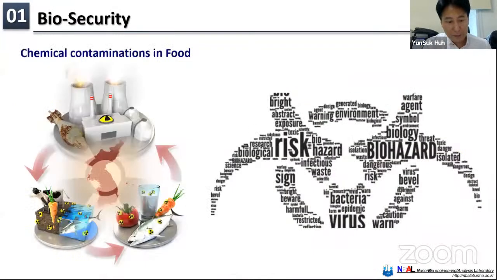All right. This slide shows the chemical contaminants in the food cycle. It's one example: we can imagine there is a nuclear plant. A few years ago in Japan, there was a nuclear plant accident. So I think some parts of the world are partially contaminated by radioactive nuclide materials.